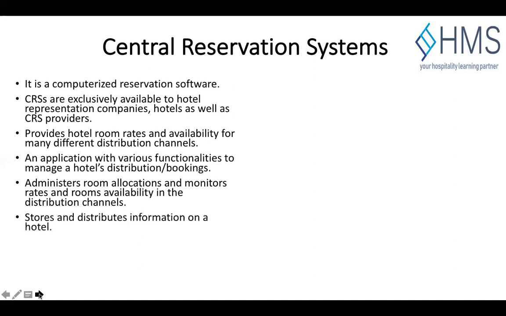It stores and distributes information on a hotel, for example, the different room categories and the best available rates and the meal plans that are applicable for the same. And ultimately, it is extremely beneficial as it allows reservations and bookings to be checked and booked with a simple search.